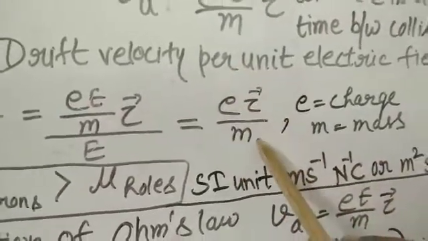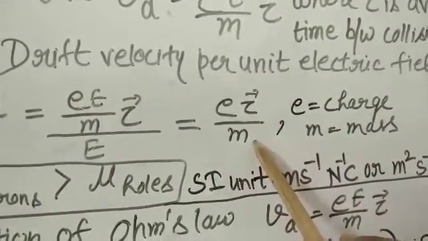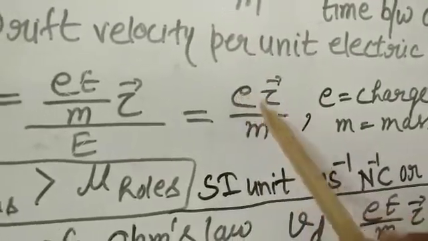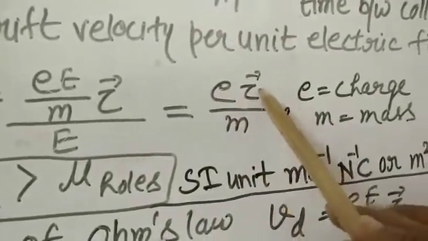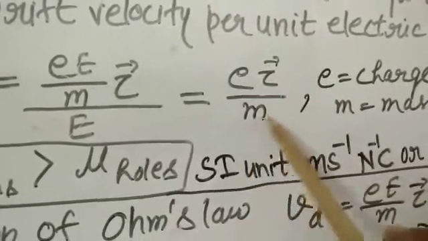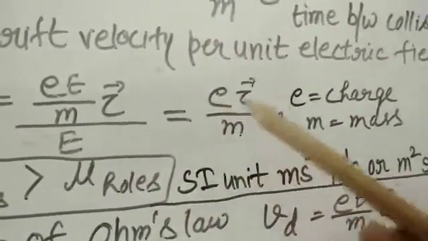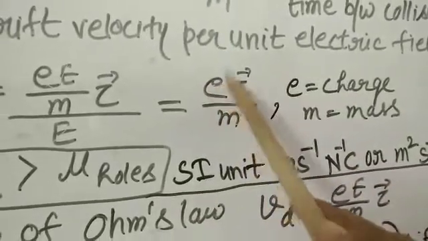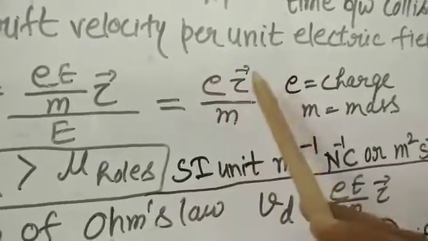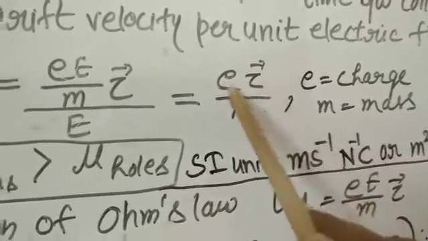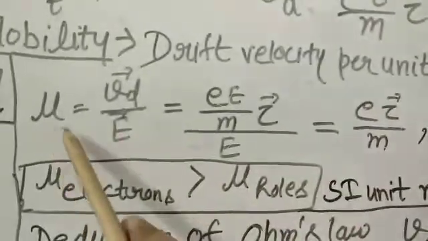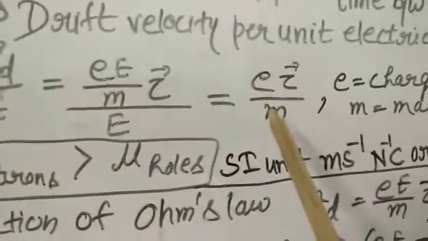In a numerical, if they are talking about the mobility of the electron, then this is the charge on the electron, this is the mass of the electron, and this is the time. If I am talking about the mobility of a proton, then simply use the charge on the proton, the mass of the proton, and that time. So mobility is higher for a charged particle if its mass is less.